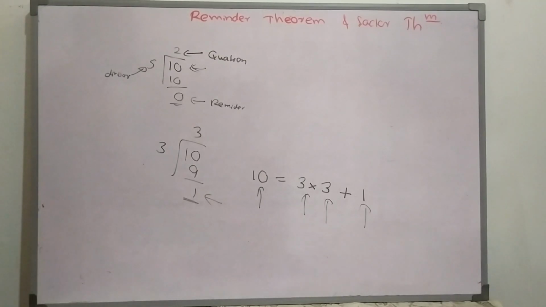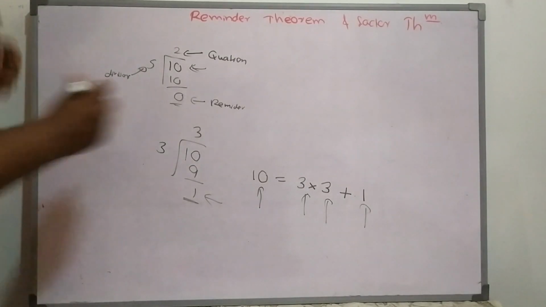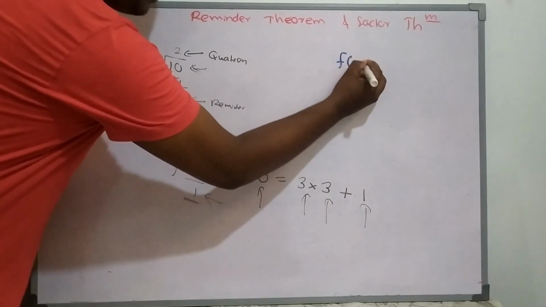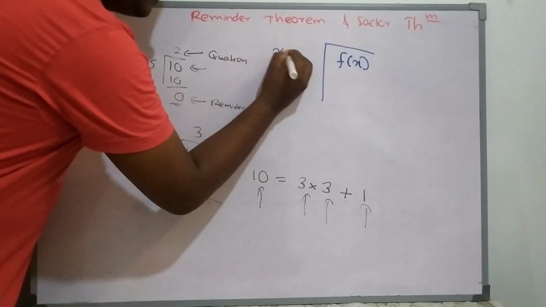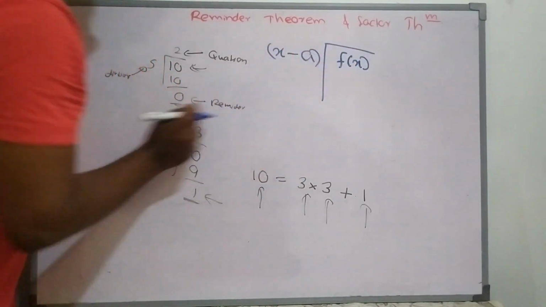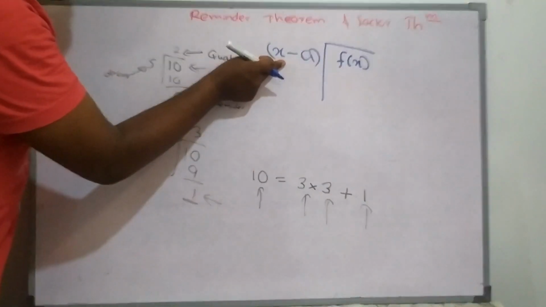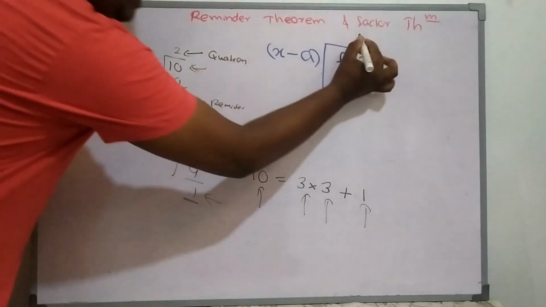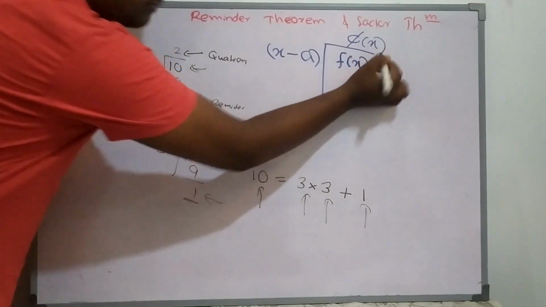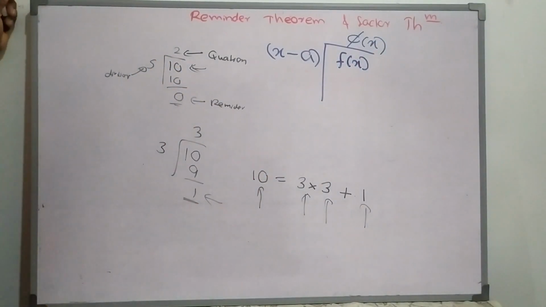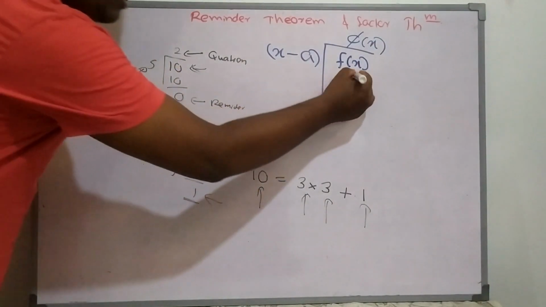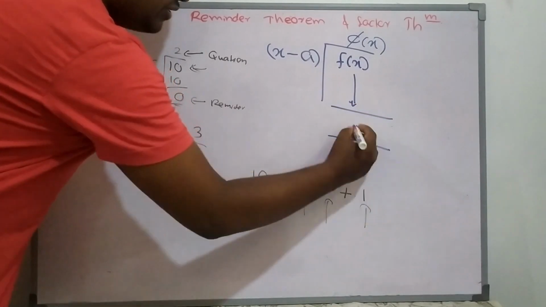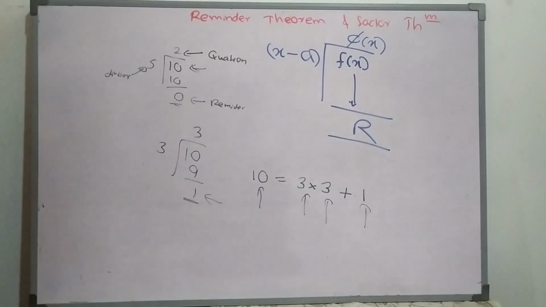So this is the remainder theorem, right? The only difference is we are dividing some function f(x) by x minus a, and I assume the quotient is psi(x), and the remainder is r.